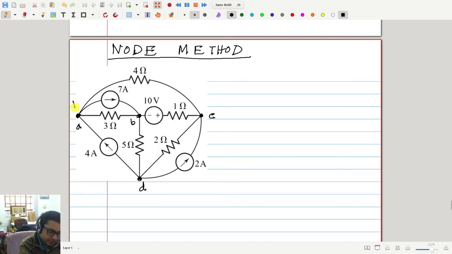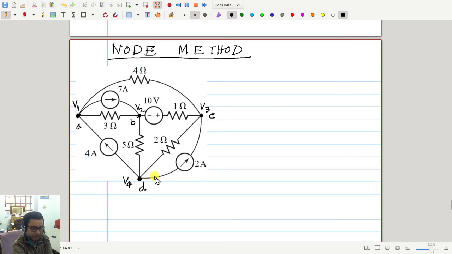Like here there is V1 at node A, then here suppose the potential is V2 at node B, and here V3 at node C. We do not know how much is V1, V2, and V3. And also here you can assume V4. So we have 4 nodes and therefore 4 unknown voltages.